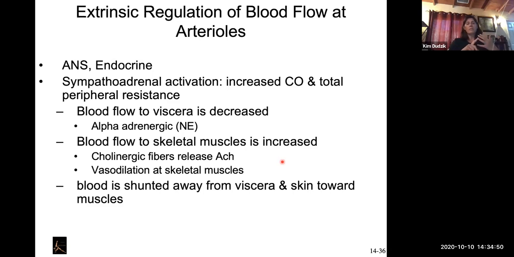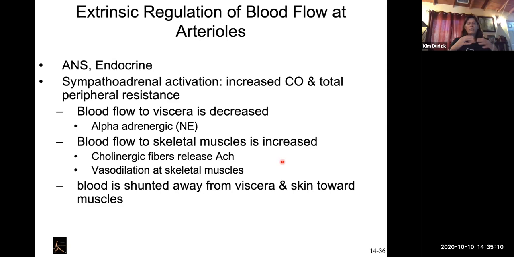So there can be sympathoadrenal activation, right? That has to do with the sympathetic pathway to the adrenal gland and releases epinephrine or norepinephrine. That can increase your cardiac output, right? We said that can increase your heart rate and increase the stroke force of contraction.